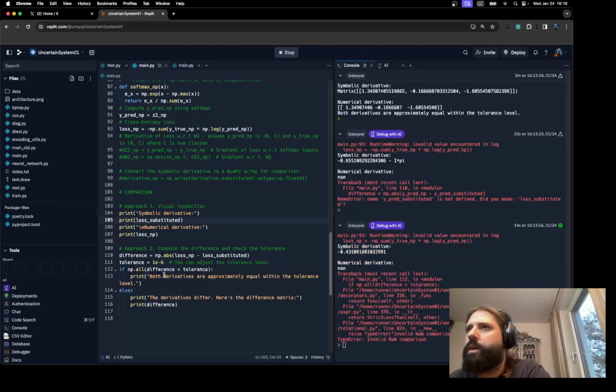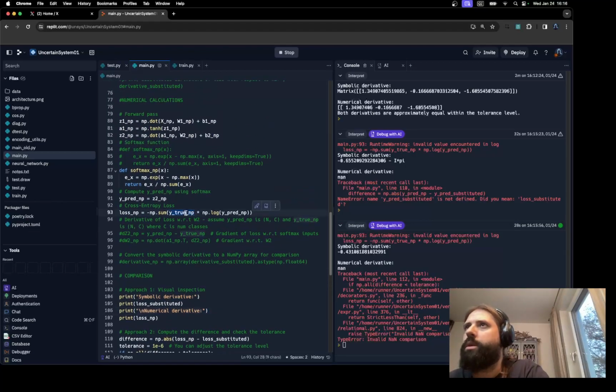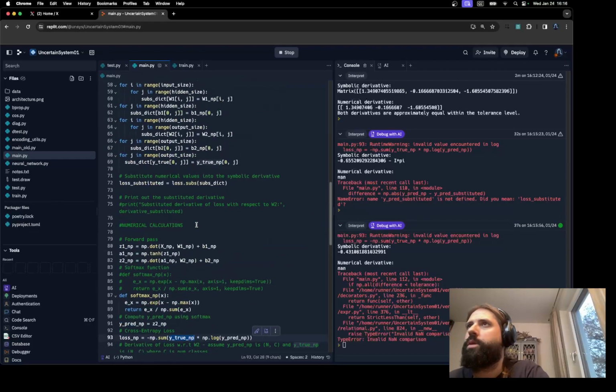The difference tolerance, loss np, loss substituted. Invalid NaN comparison. Why? Why is loss np not a number? Where's that defined?